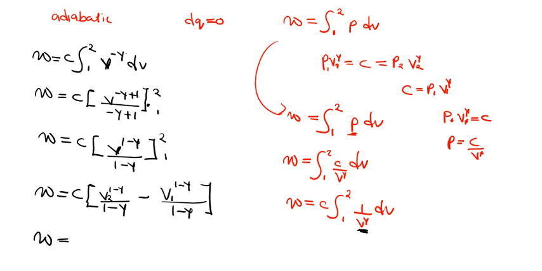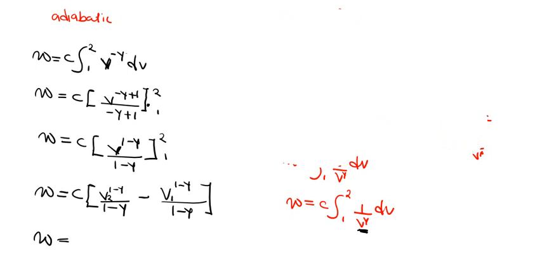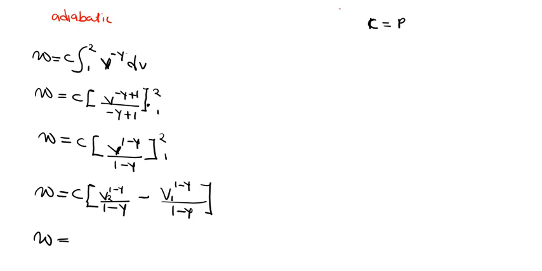Now coming to the constant issue, I'll say the constant will be given, we said C, as P. Since C is constant, I can say P1 V1 gamma is equal to P2 V2 gamma, like that.